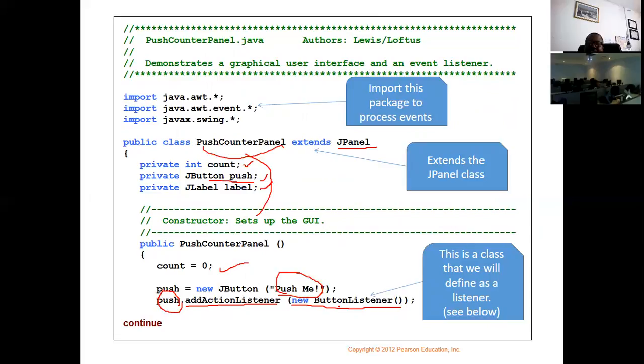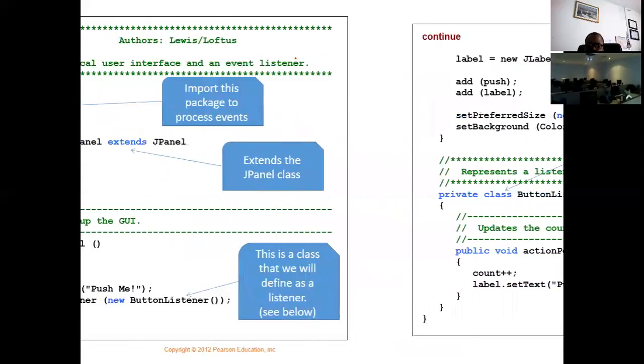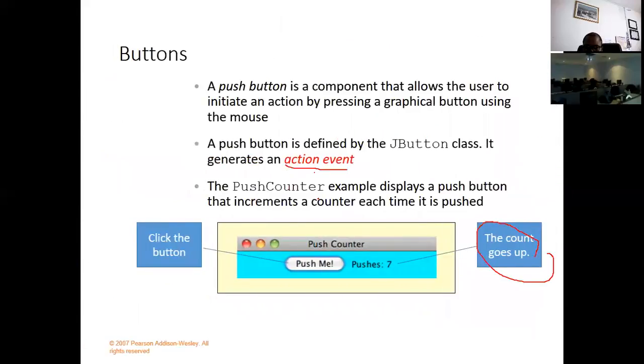So we have just added an action listener which takes in a button listener. Now, we set the label to "Pushes: " plus count, where this plus means it's concatenating the value of count to the text "Pushes", which is what you see here. So that's what that does, okay?